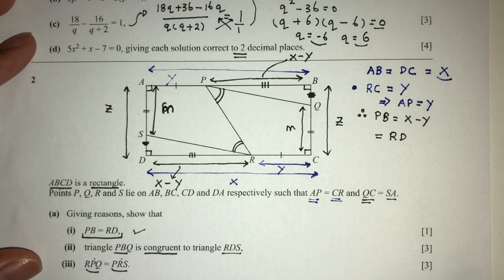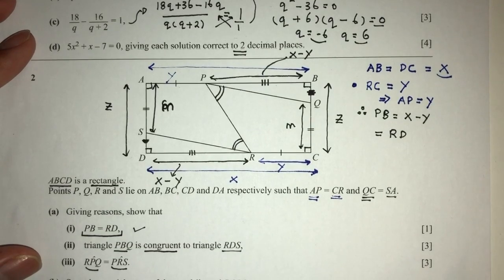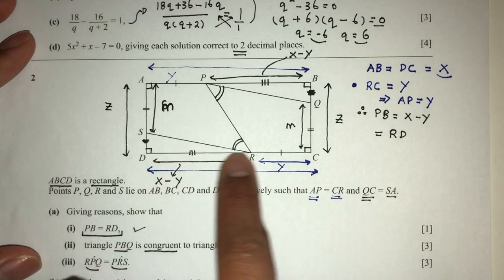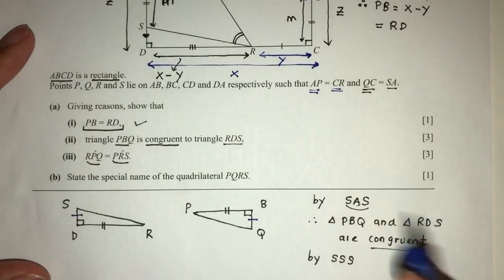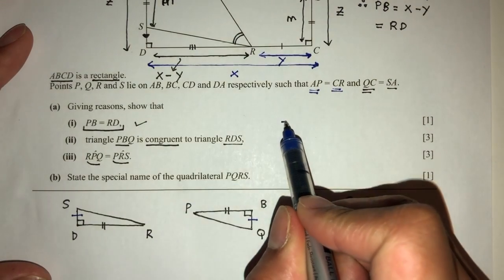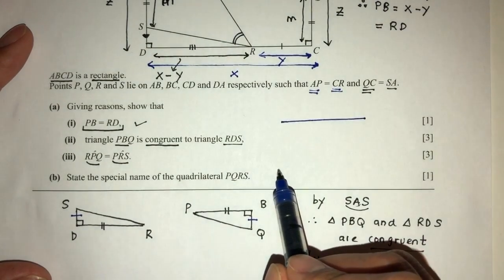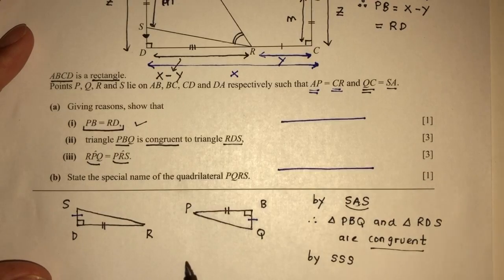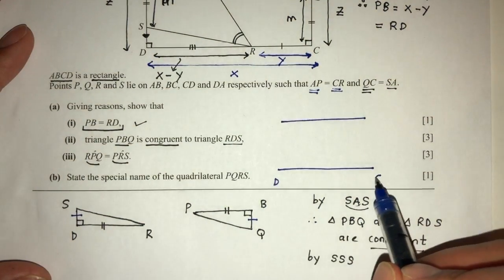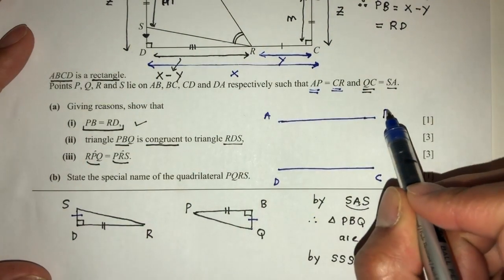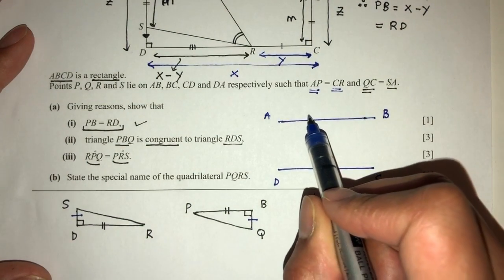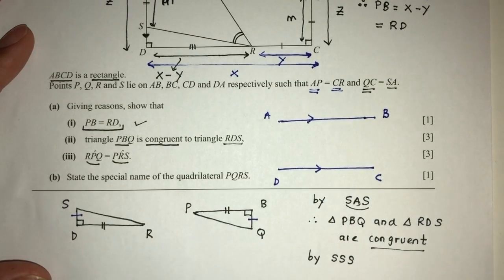Because it is a rectangle again, we know that these two sides, AB and DC, must be parallel. So if you draw this diagram, AB and DC must be parallel because they are a rectangle. They must be of the same length and the same direction.